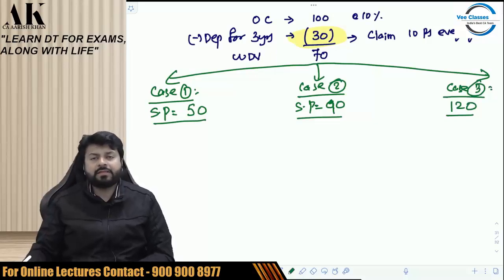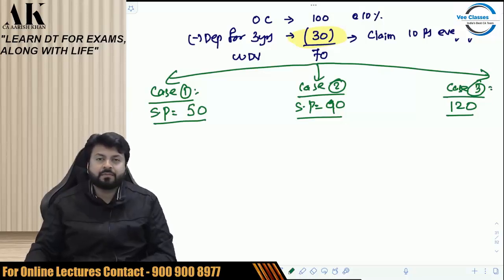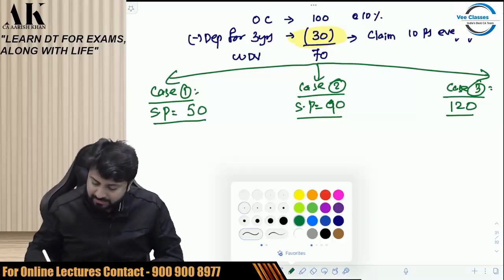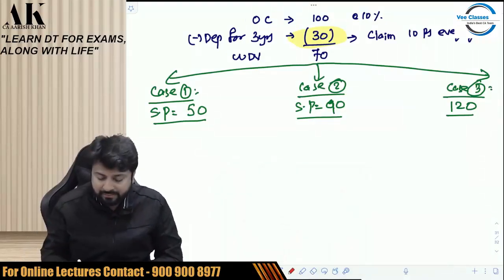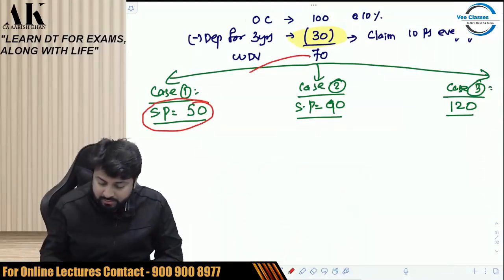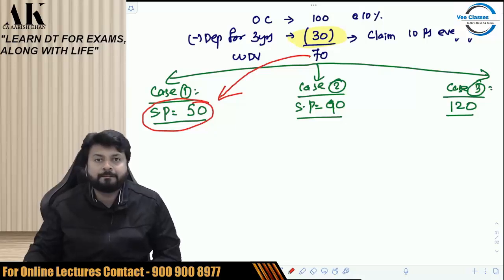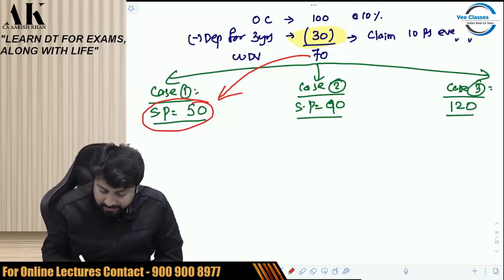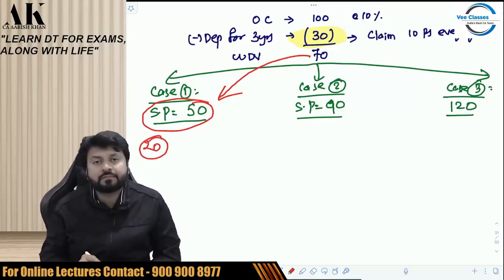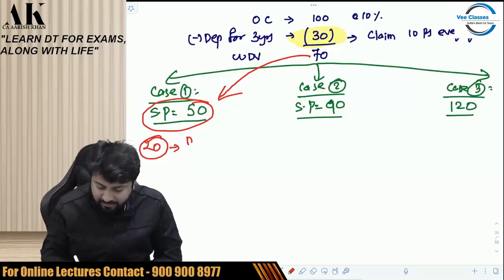So what will happen in these 3 cases? The government has a provision for everything. The government says that if you sell the asset at lower than WDV, 20 rupees lower in this case, then this will be allowed as a deduction to you.